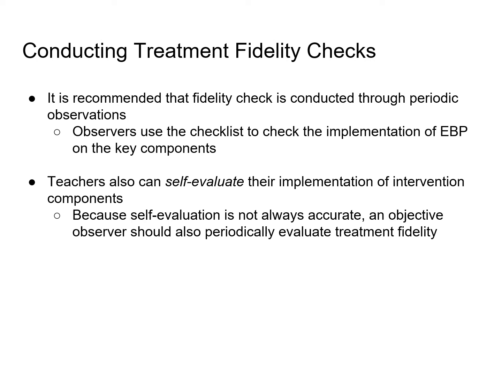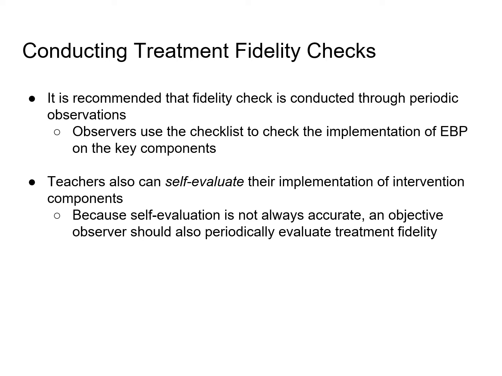When conducting treatment fidelity checklists, it's ideal for an independent observer to collect fidelity data, and it's best to do it periodically because of drift, which means an interventionist implements an intervention accurately at the start, but there is drift away from the required steps over time.